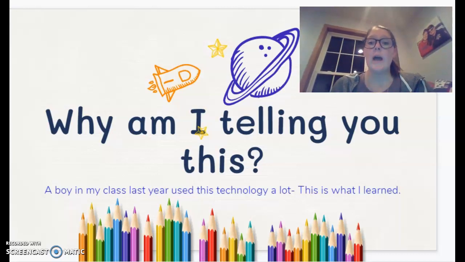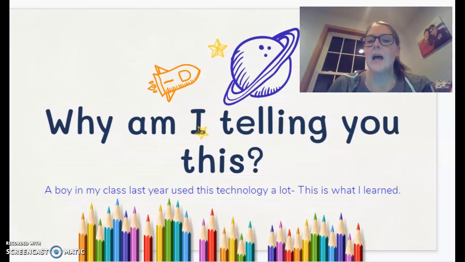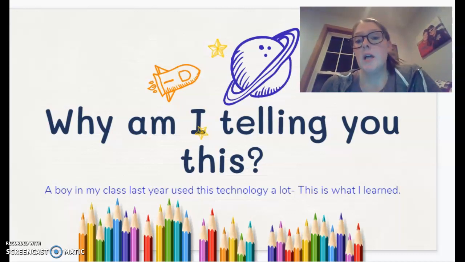So while there are challenges with this pen, and it's not for everybody because there are other technologies that are easier, like the Google Chrome extensions for certain text-to-speech and speech-to-text type things, for the everyday classroom work, this pen really helps.